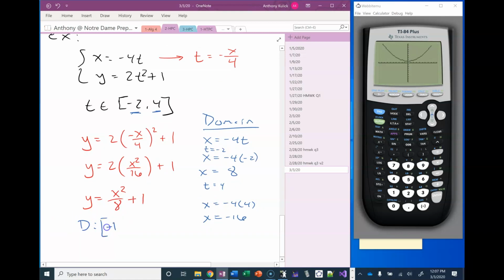So my domain should be negative 16 to positive 8. Is everybody okay with how I did that? Remember, when we write our interval, it always goes small to big. So the smaller number always comes first, and the larger number always comes second.